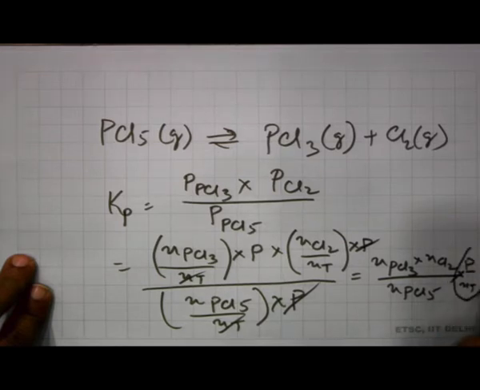Now, you see this P is constant and N T is changing. N T increased because you introduce the inert gas. Since N T is in the denominator, an increase in N T means P by N T is decreasing.